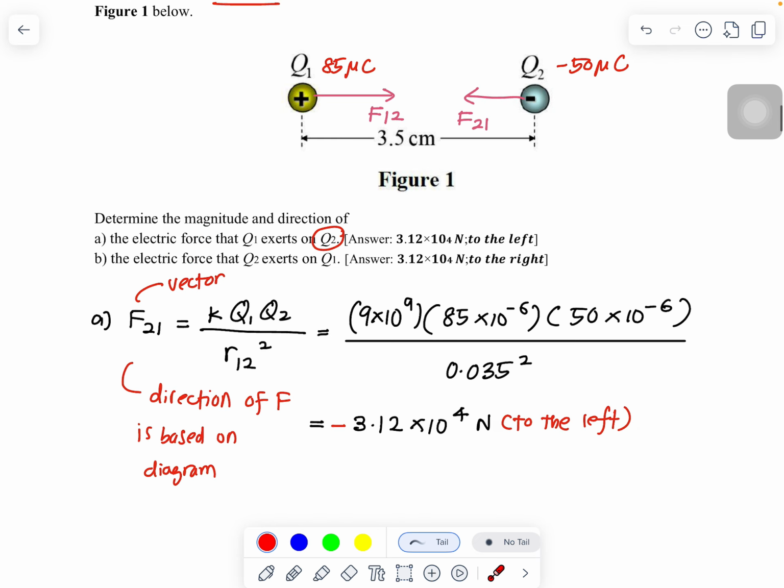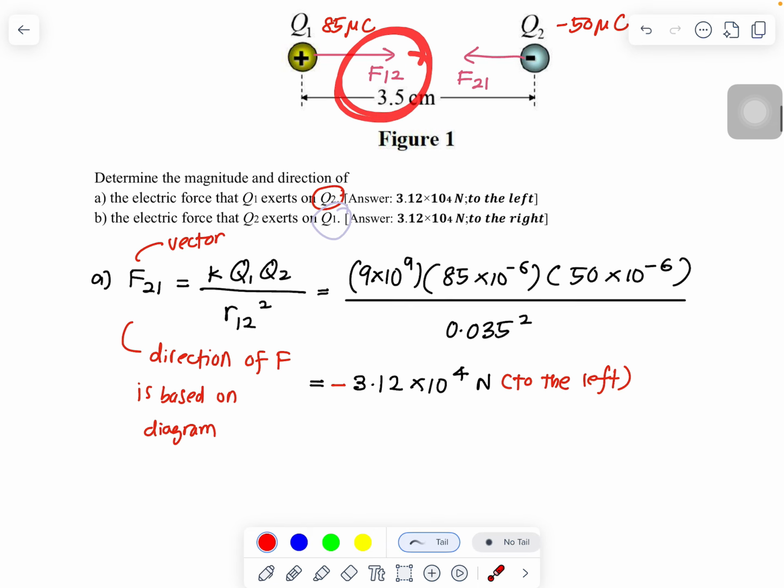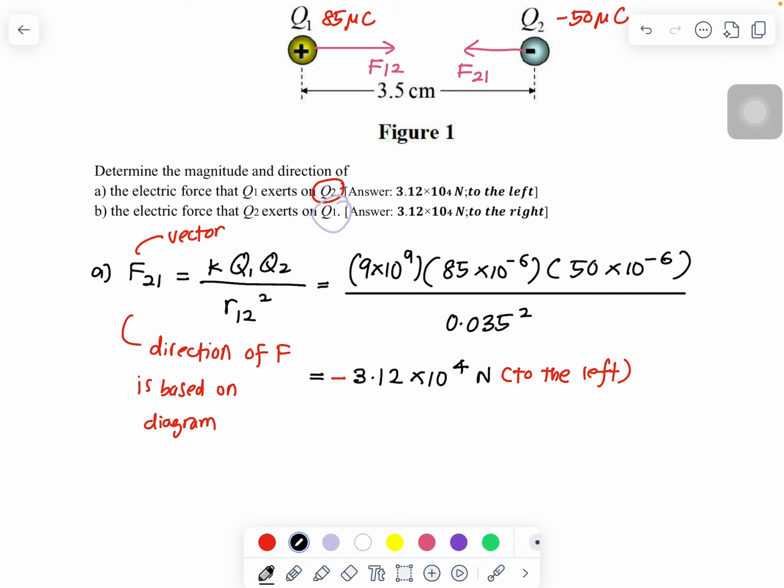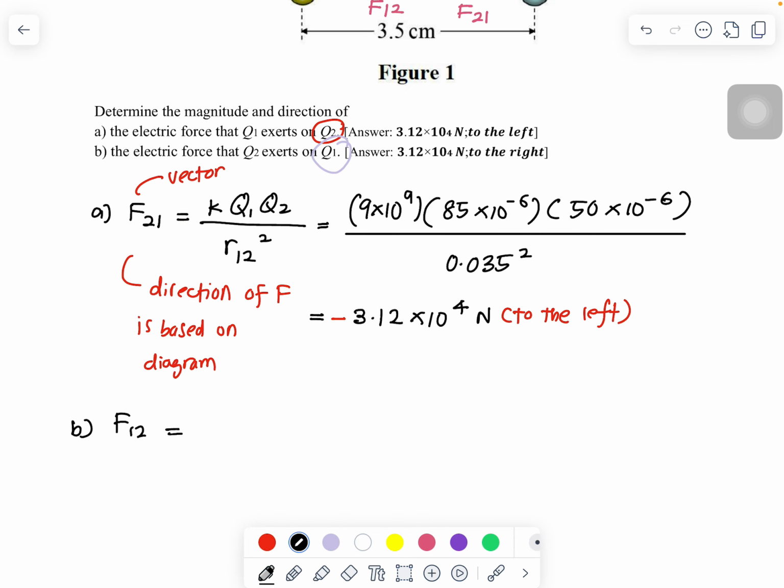Okay, so yang seterusnya soalan B, electric force Q2 exert on Q1. So fokus kita kepada Q1. So dekat Q1 ada satu saja charge, satu saja force, F12. Okay, so since magnitude of F is the same, right? Dia sama saja. So kamu just salin semula value di atas.